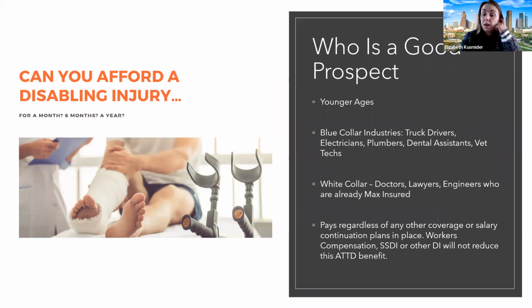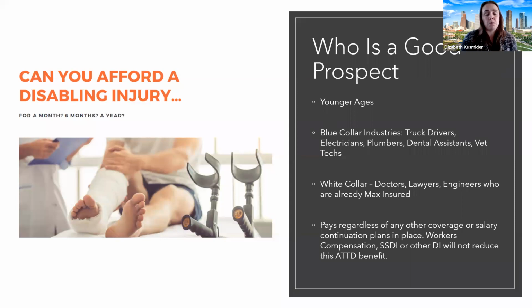White collar as well. This is great because you'll see the last note there that this doesn't add into their disability count. The rules of 60 or 66% of one's income is a max you can get across the board for disability insurance. This doesn't add into that. This is a membership-based product, and because of that, it's not truly a disability income.